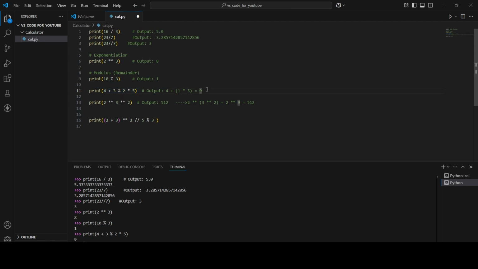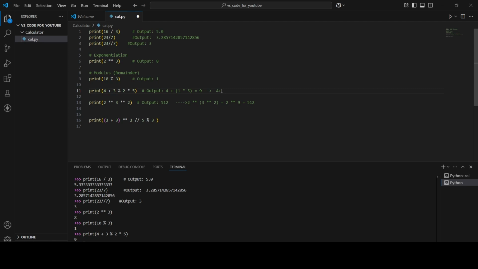Now how this works, I already explained from the slide, but let me tell you clearly. Since we have 4 plus, modulus, and multiplication operators, modulus and multiplication are evaluated first. The highest operator is parenthesis, followed by exponent and unary operators, but they are not present in our expression.